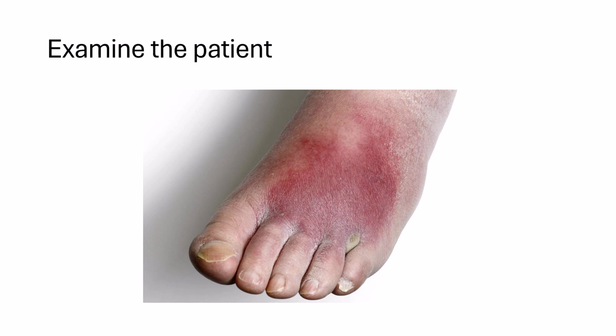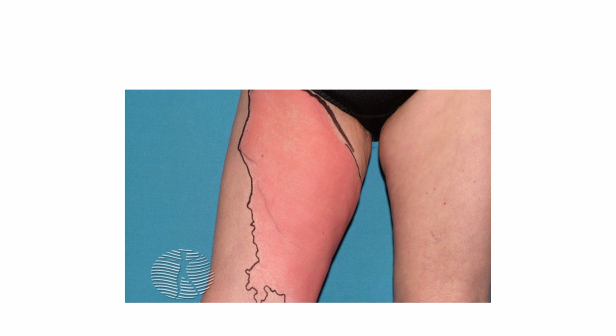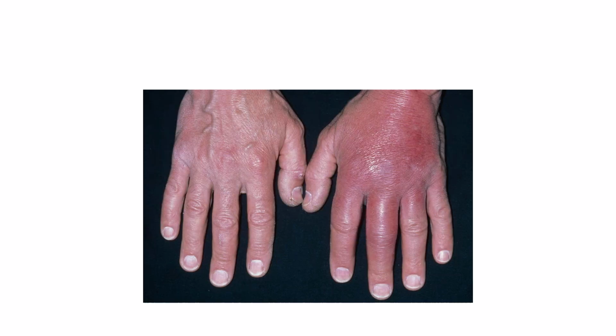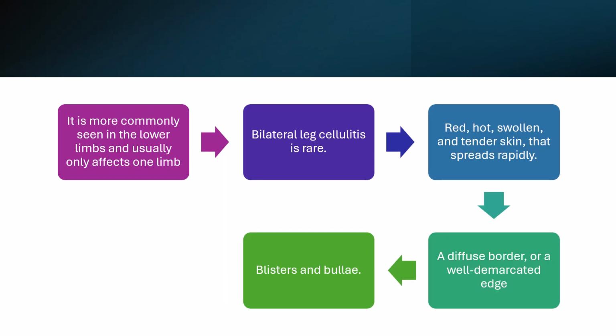So this is on the dorsum of the foot. This is red and inflamed, and you can see it's a well demarcated area on the thigh. Here this one looks very inflamed, and the last one is on the dorsum of the hand. While examining, there are a few things we need to keep in mind.